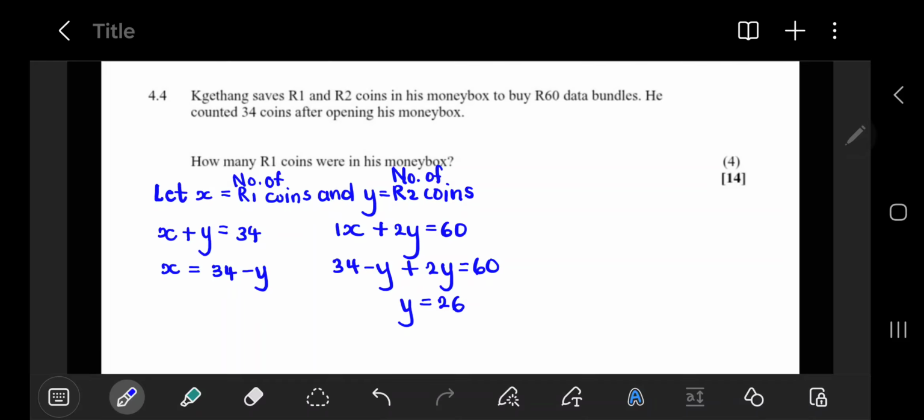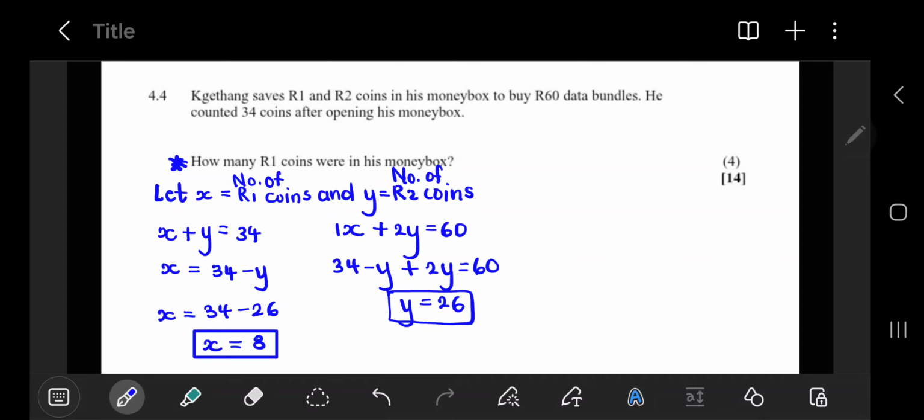Now that we know what y is, we can substitute into the previous equation to get x. We have 34 minus 26. So x is equal to 8. Here are our answers. X is 8, y is 26. But let's go back to the question itself.